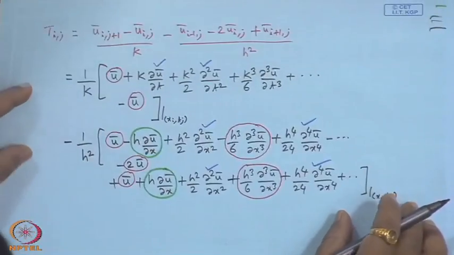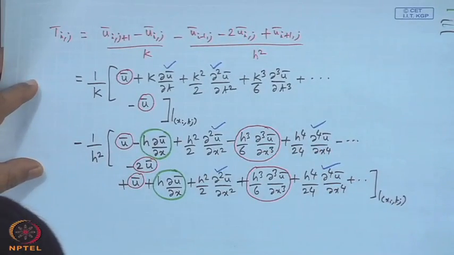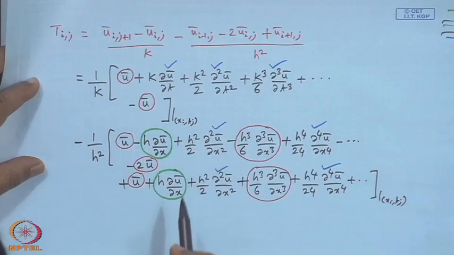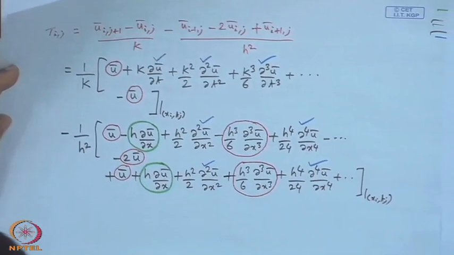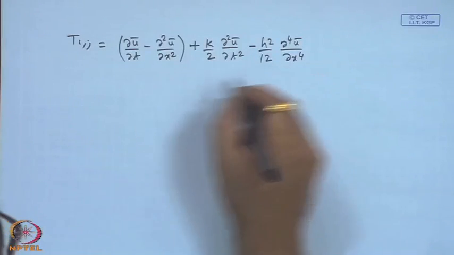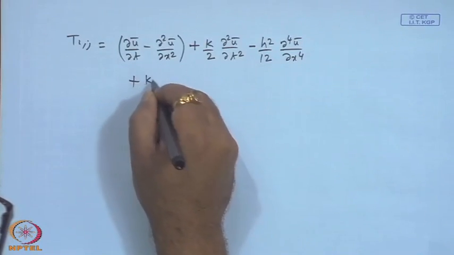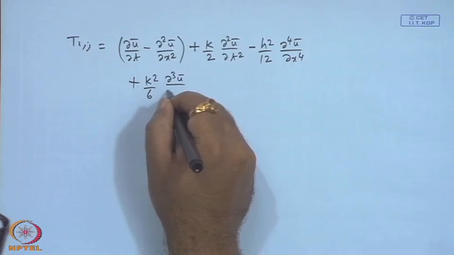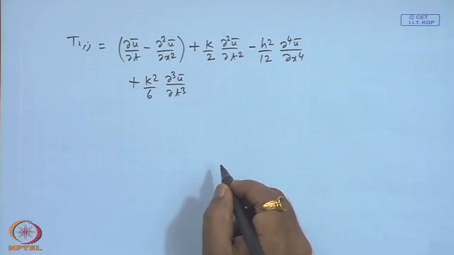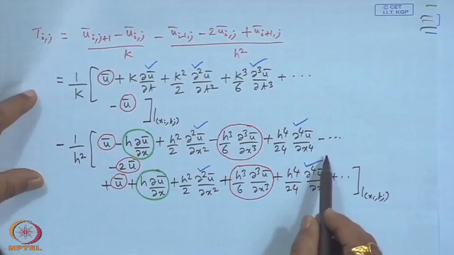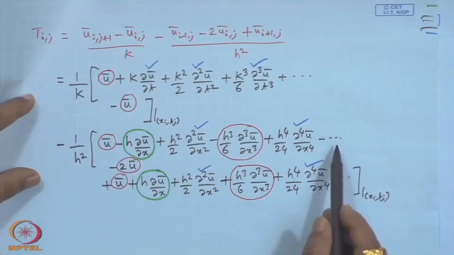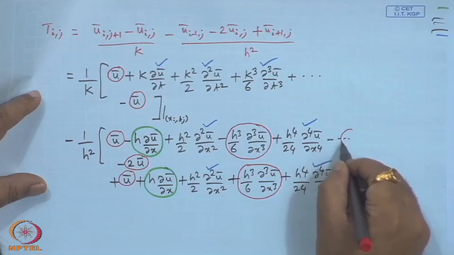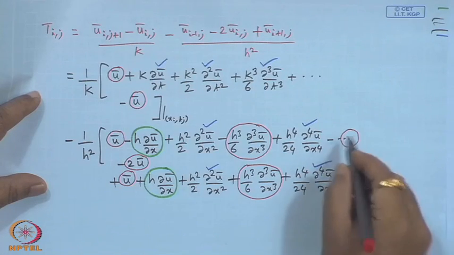Now, next term, k goes off, so I am going to put down this. So, the next term I am going to put, okay. Then what would happen to the h 5 coefficient here? h 5 would get cancelled. The next term should have been h 5, so that gets cancelled.